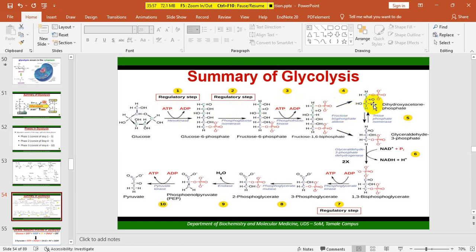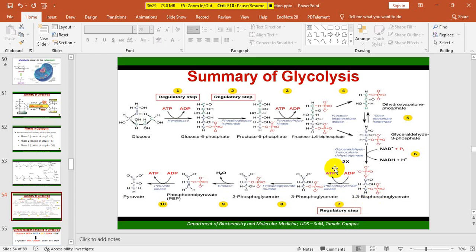And fructose 1,6-bisphosphate is isomerized or broken down to what? Dihydroxyacetone phosphate and glyceraldehyde phosphate. An enzyme here called glyceraldehyde phosphate dehydrogenase converts all the dihydroxyacetone phosphate to the glyceraldehyde phosphate, using the coenzyme NAD plus and a phosphate to produce what? 1,3-bisphosphoglycerate.